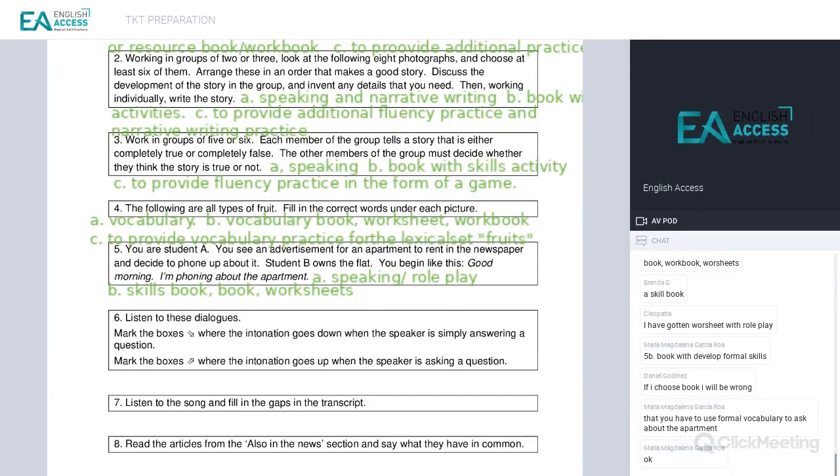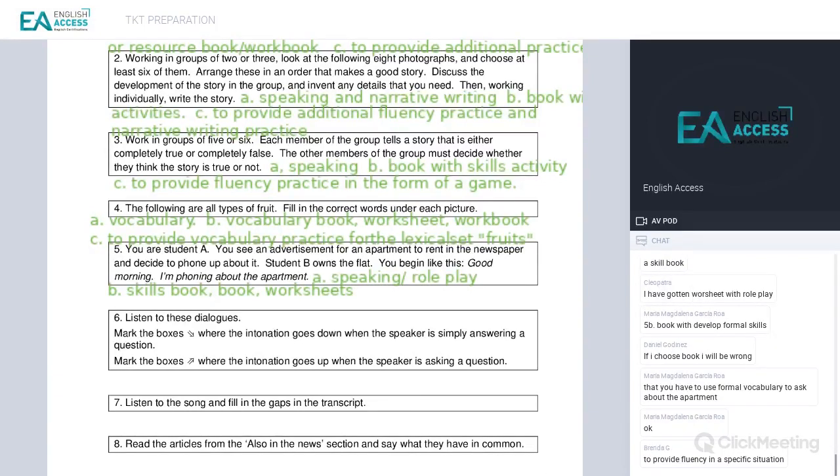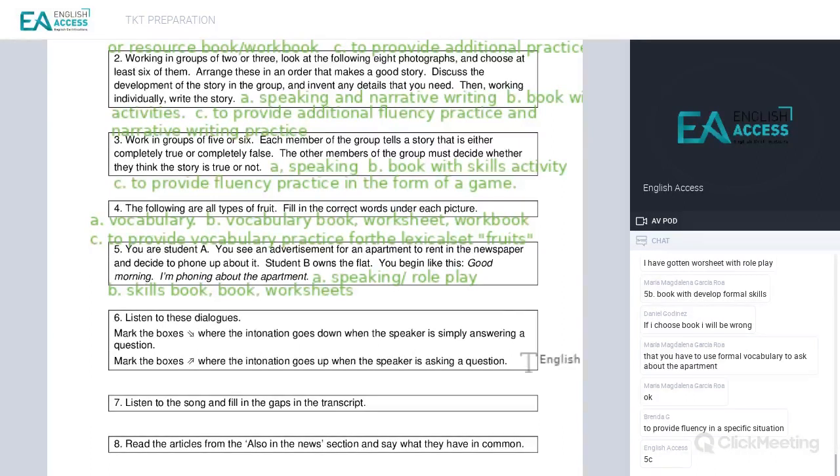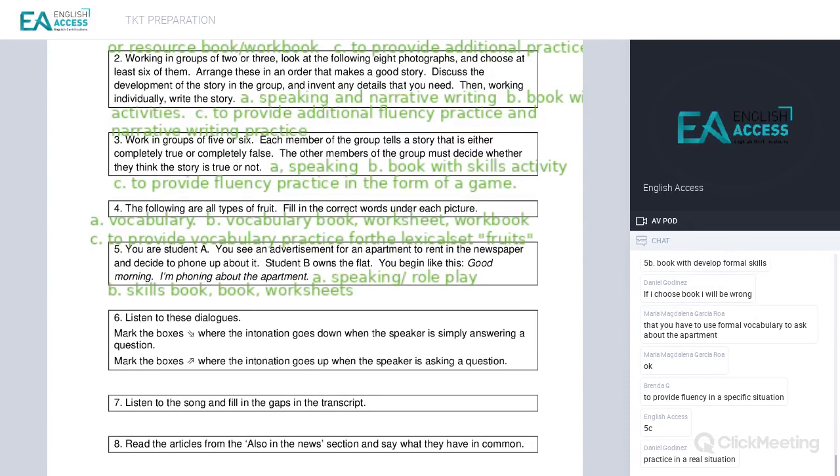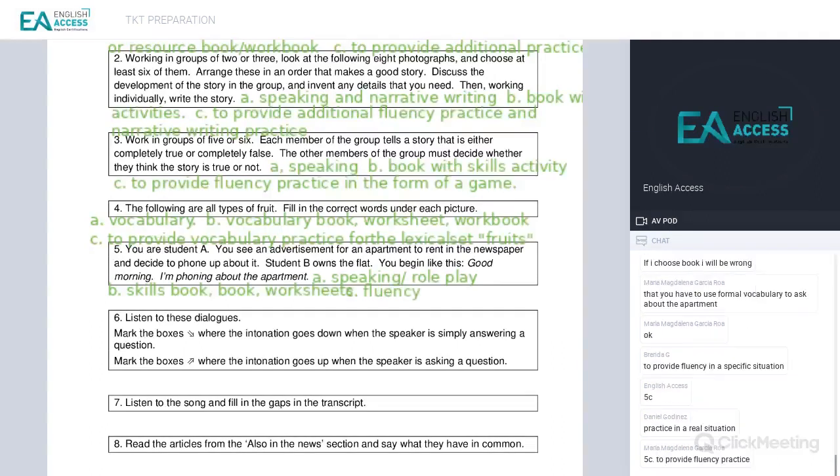And 5C, what do you think it is? Brenda was ready for that. Okay. For fluency practice. Provide fluency practice. Okay.